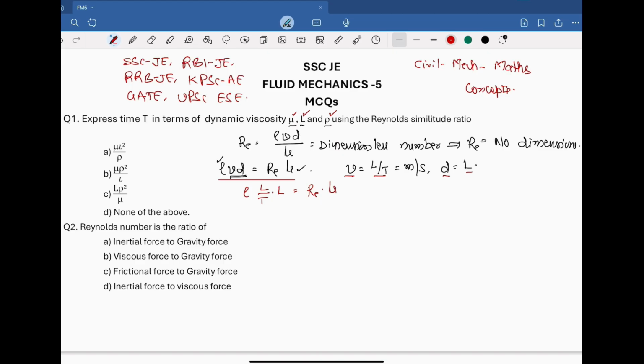That means I have used L, I have used rho, I have used T. This can be written as rho into L square by mu is equal to T into Re. Because it is a ratio, I have told you similitude ratio. The Reynolds number divided by Reynolds number, because it is a constant, that vanishes.